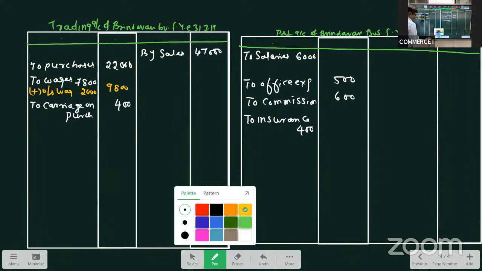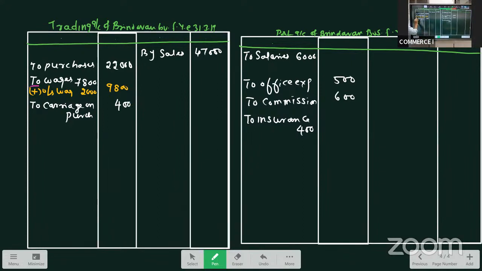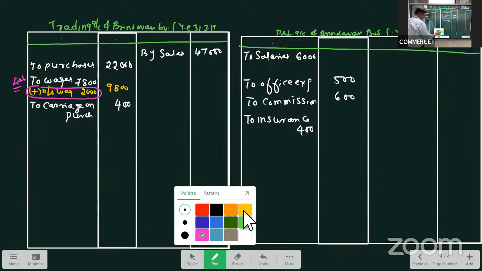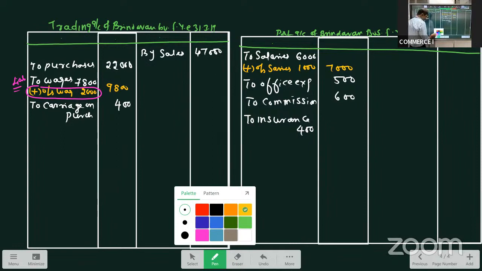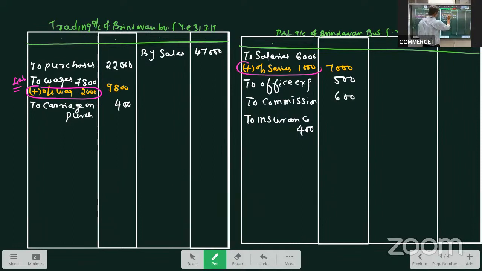Then this outstanding wages will be shown in the balance sheet as a liability. Outstanding salaries, the same treatment. It will first be added to salaries in the P&L account, and then this outstanding amount will be shown in the balance sheet on the liability side.